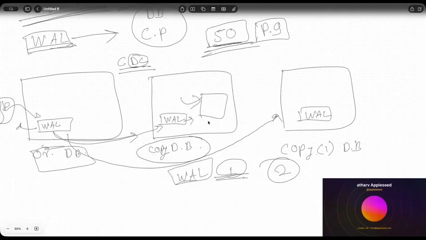Okay, so this was about read replicas. There are a lot of database native extensions around read replication. We can check one of them out, I guess.